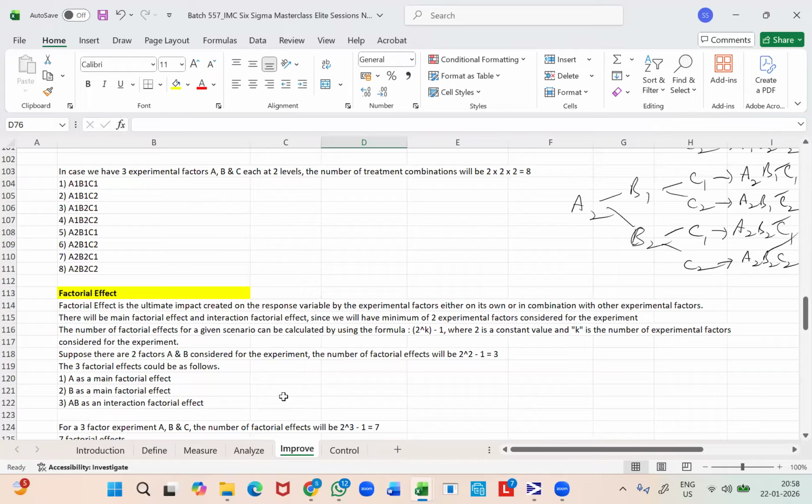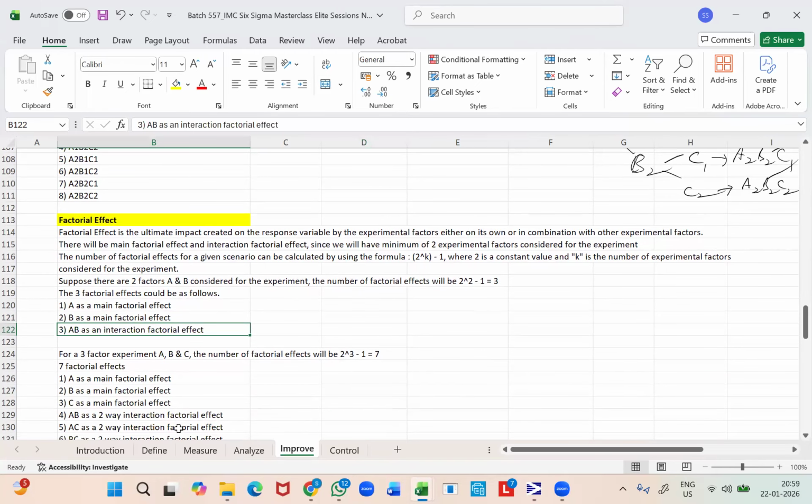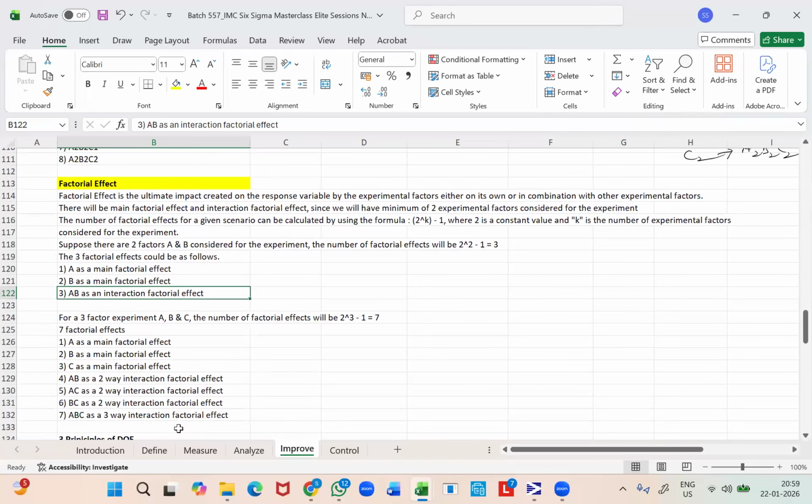The second pair would be H0: B as a main factorial effect is insignificant versus HA: B as a main factorial effect is significant. And the third pair of hypothesis statements will be H0: AB as an interaction factorial effect is insignificant versus HA: AB as an interaction factorial effect is significant. So these are the various pairs of hypothesis statements that I will frame before performing the analysis.